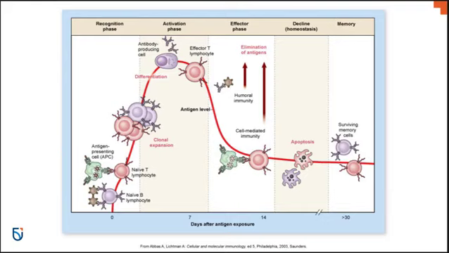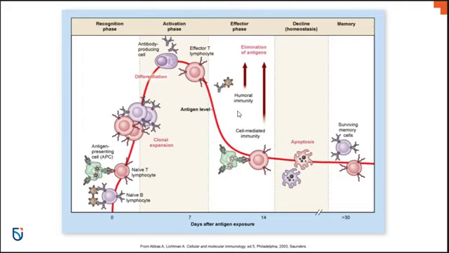This figure summarizes the stages of the adaptive immune response. First, B cells and T cells recognize a specific antigen. Next, the B and the T cells become activated, expanding their population by cloning, while differentiating into effector cells and memory cells. Then the effector cells get to work by attacking the source of the antigen.